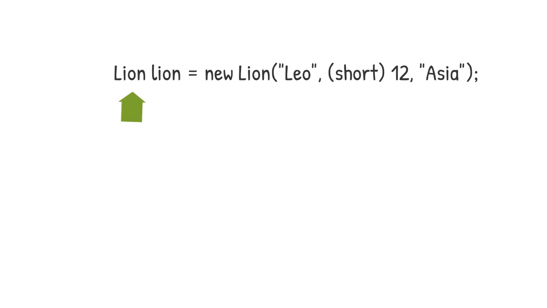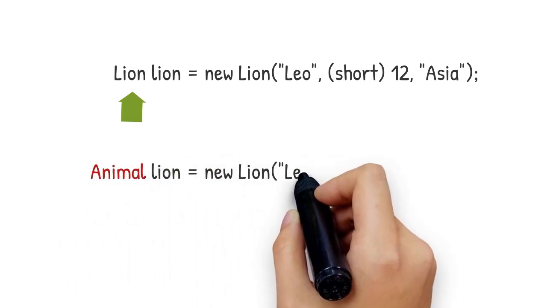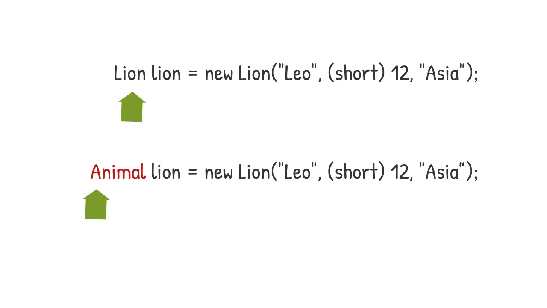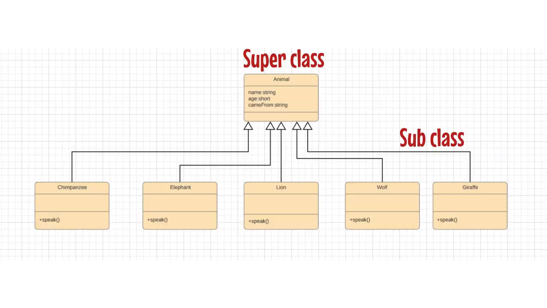However, the object is also of type animal because animal class is the superclass of the lion class. So the same is true with every other class that we have here. So an elephant object is of type elephant, but it's also of type animal, etc.